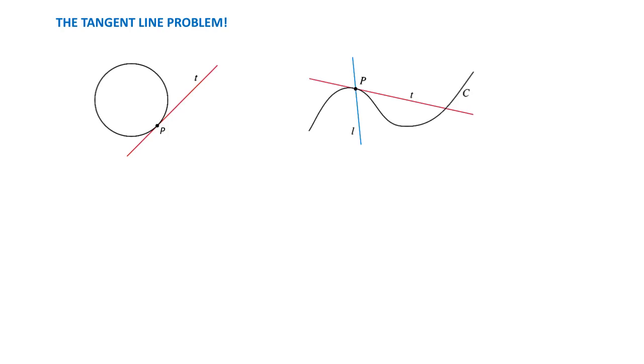For example, let's stick to the definition that we were given there. A tangent line is a line that intersects, let's say, the circle at one point. Now we don't have a circle, we have a curve. If we keep that definition, I want you to look at the red line.